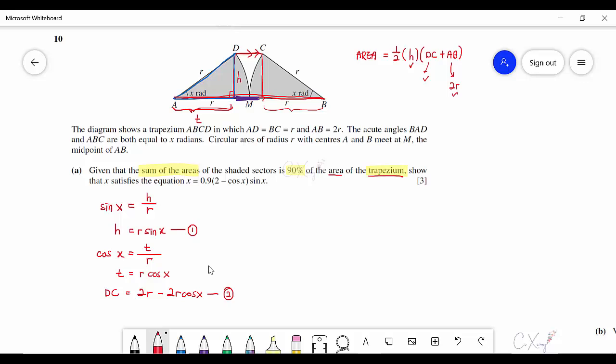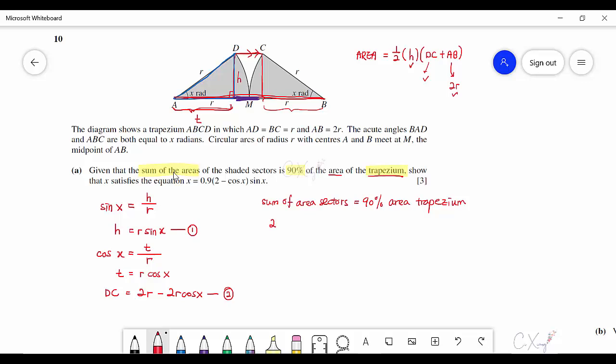So how to put everything together here? The sum of the area of the shaded sectors equals 90% the area of the trapezium.